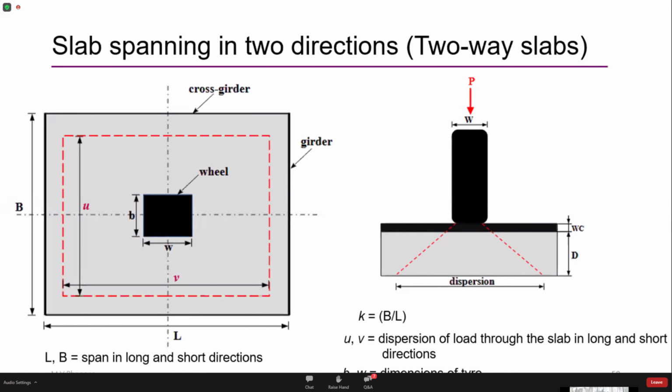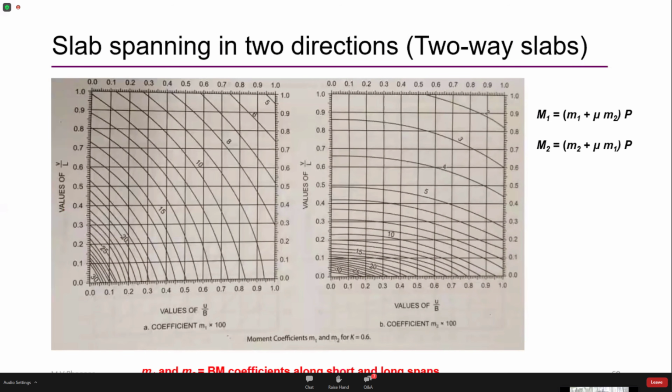I'll be showing that in the next slide. What Pigeaud has done is that he has solved these plate problems and given charts from which it is possible to obtain the bending moment coefficients for a slab subjected to a concentrated load acting at the center of the slab.